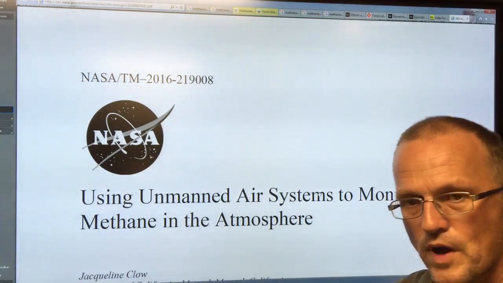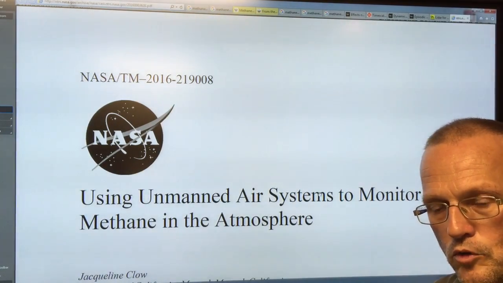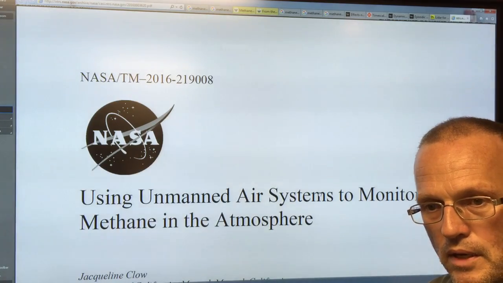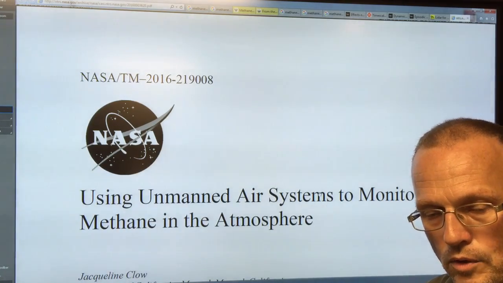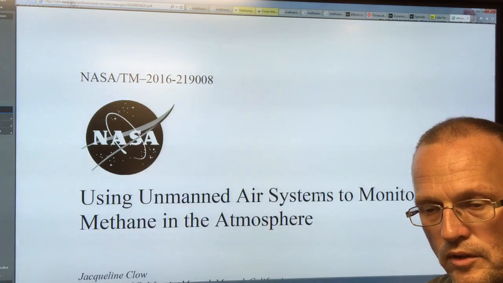We need to find out a lot more about the distribution of methane on the planet, in order to accurately assess the risks.